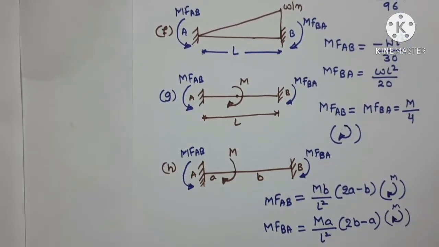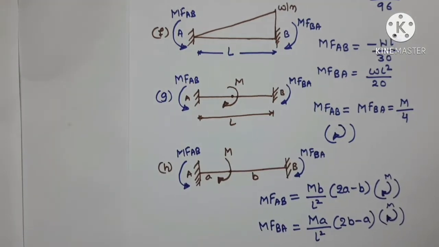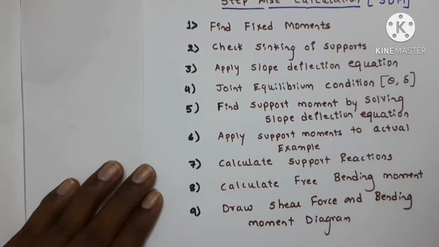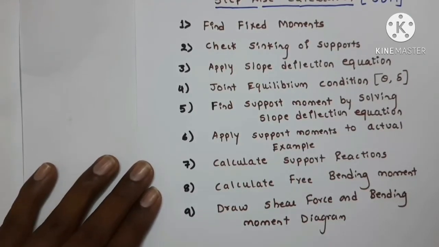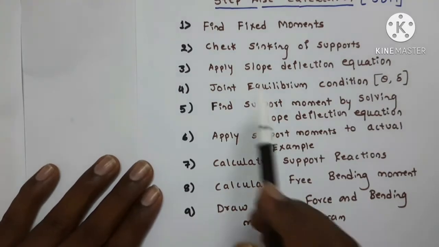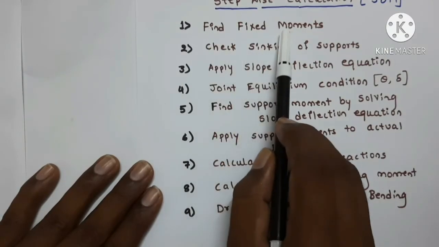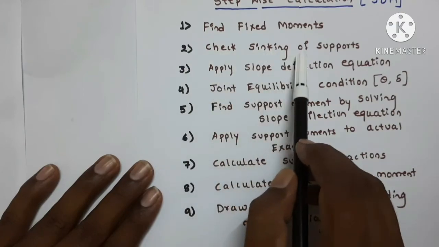Okay. Next, what I will explain is the steps involved. We can say steps involved in the SDM, or stepwise calculation procedure. So what are the steps involved in the slope deflection method? Initially, the first step I have written here: find the fixed end moments. Second, check sinking of supports.